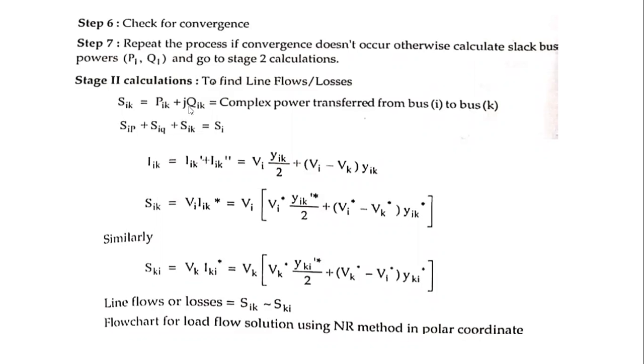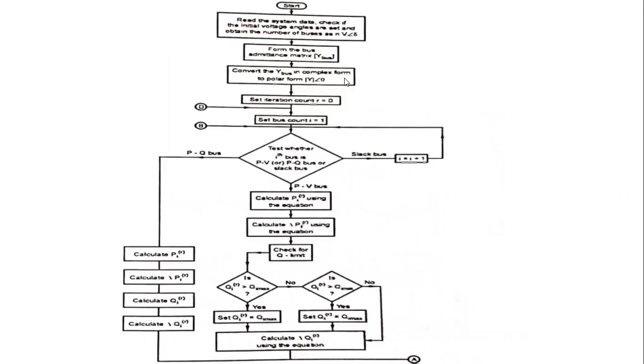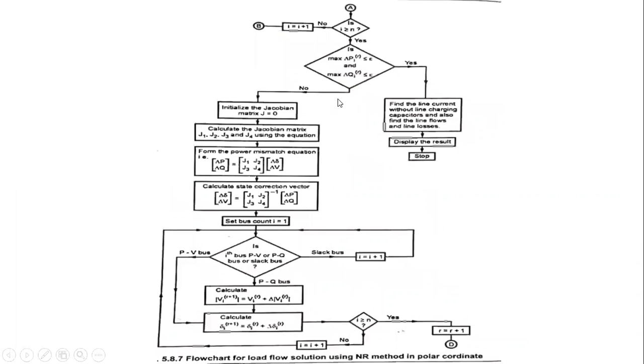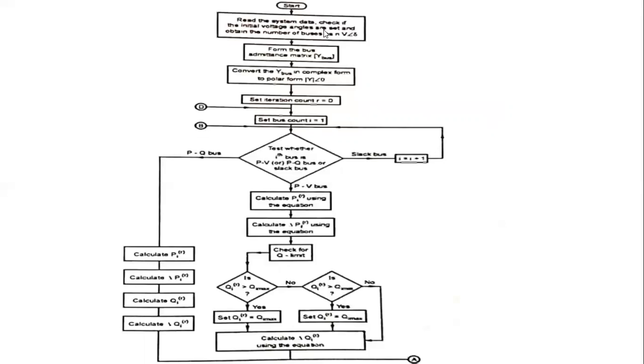Next, coming to the flow chart in polar form. First, start. Next, read the system data, that means the line data.